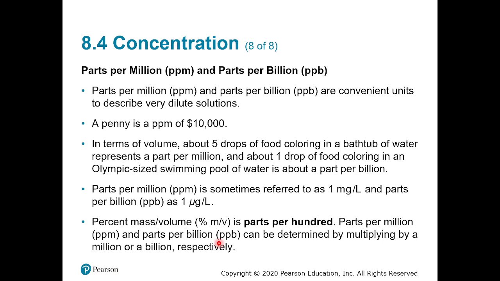So they're actually the same sort of formula for all of those. A percent is just parts per 100 because you multiply by 100. Million, multiply by million, so it's parts per million. And then billion, multiply by billion, parts per billion. So you do the same formula for all those.